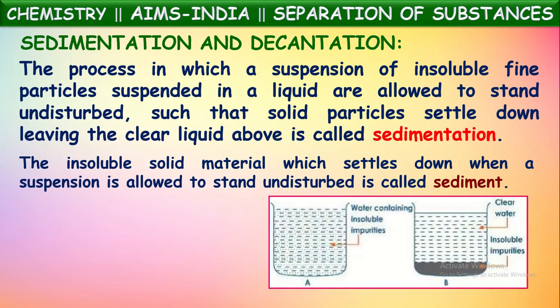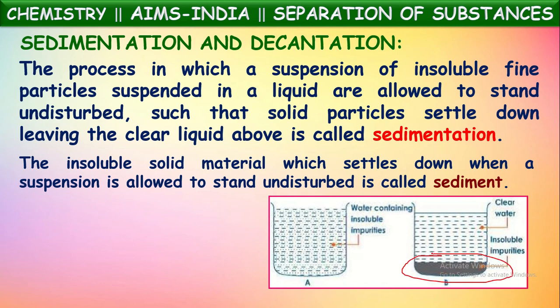See like this. There is a mixture of a liquid and insoluble solid substances suspended in it. If you allow the mixture to stand for a certain time without disturbing, all the solid particles present in it will slowly settle down like this.